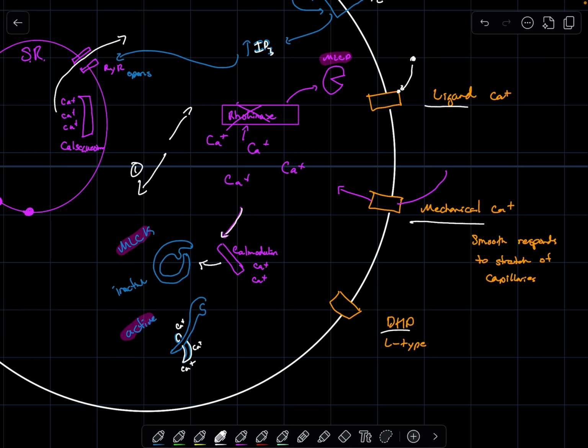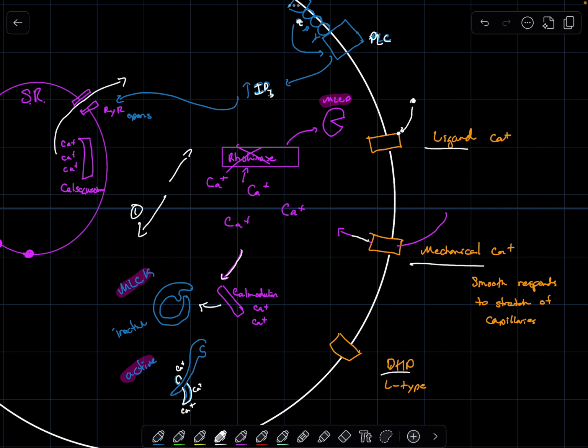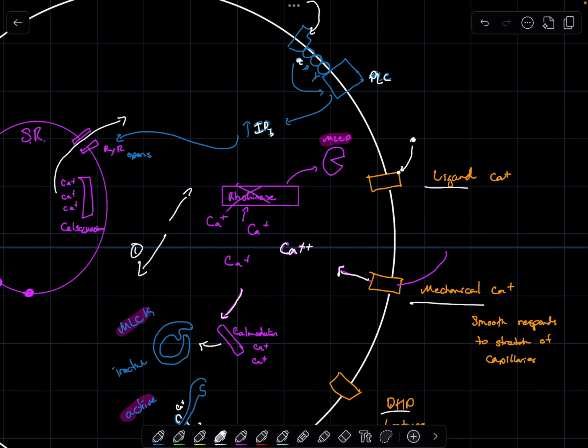Ligand, again, a hormone could come in and bind and open that calcium channel, or DHPR type from a depolarization. So if calcium comes in from the extracellular space, it'll come in right here, as we see here. Calcium will inactivate rhinokinase. Rhinokinase is what deactivates MLCP.